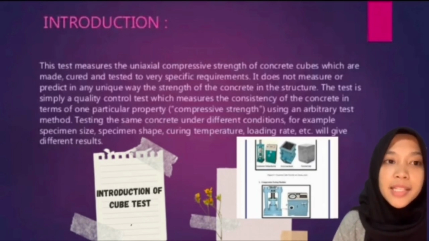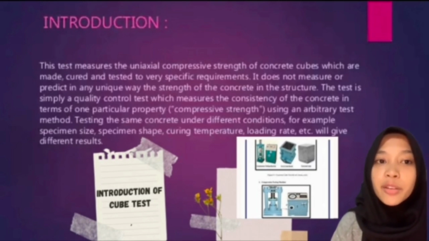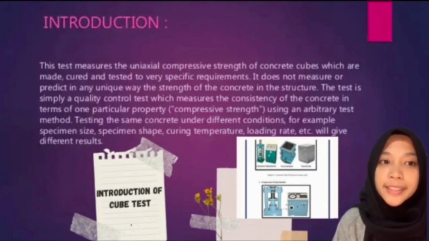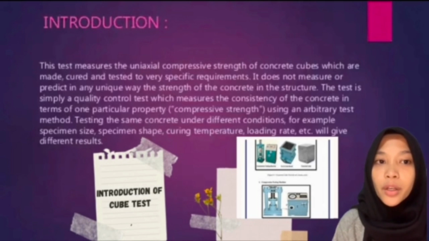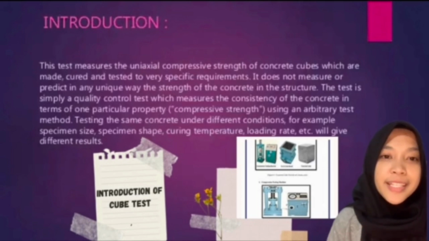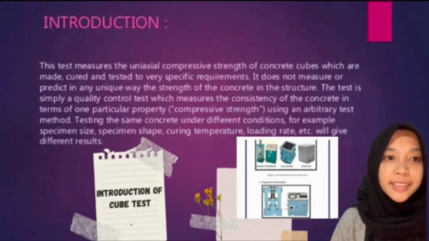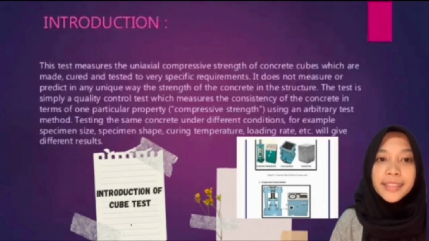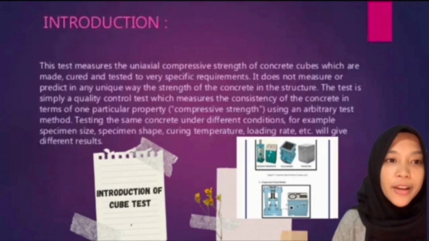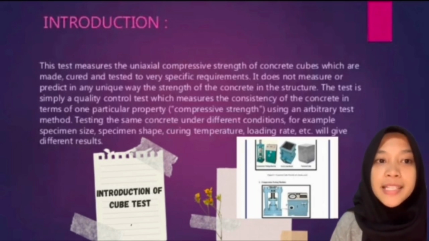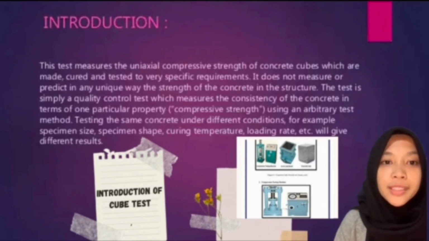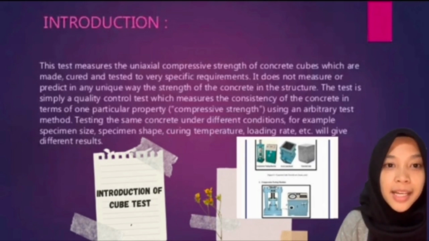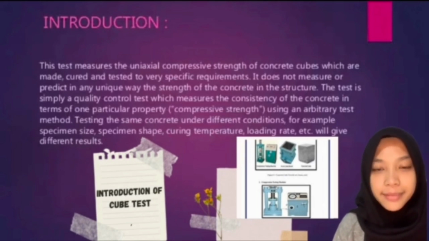The test is simply a quality control test which measures the consistency of concrete in terms of one particular property, compressive strength, using an arbitrary test method. Testing the same concrete under different conditions, for example specimen size, specimen shape, curing temperature, loading rate and others, will give different results.